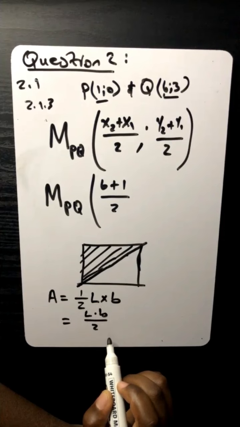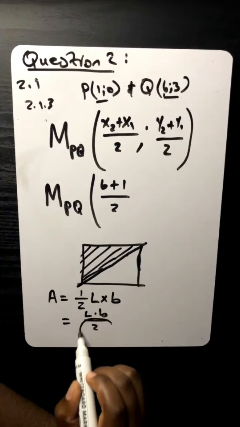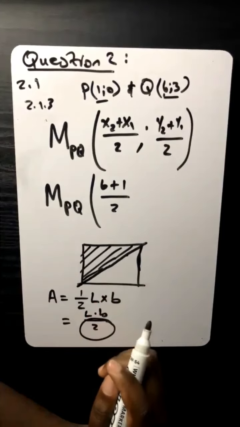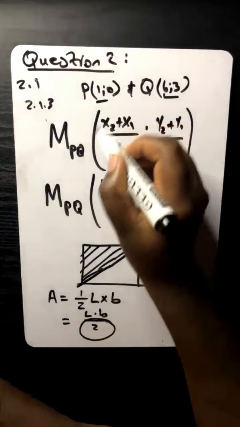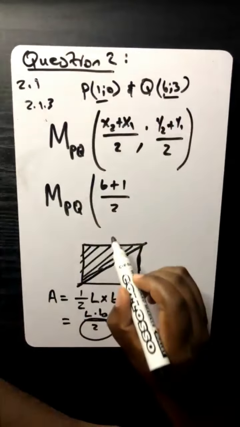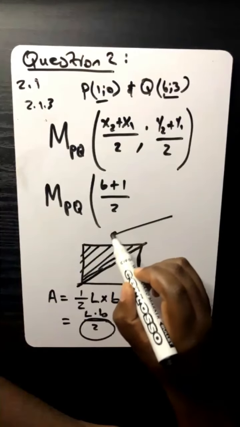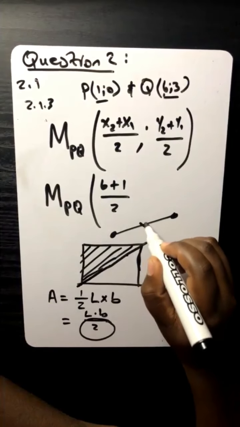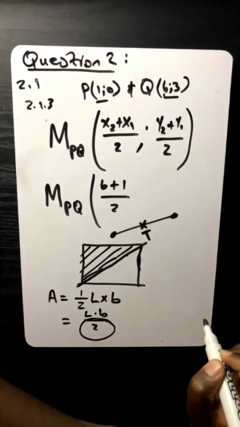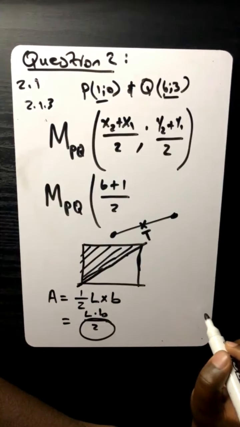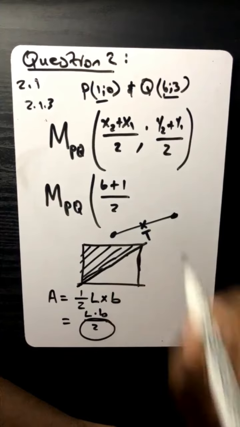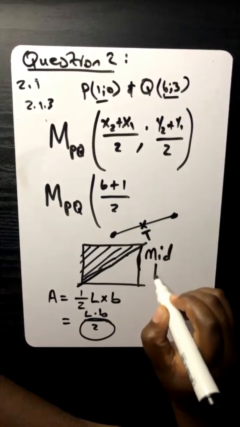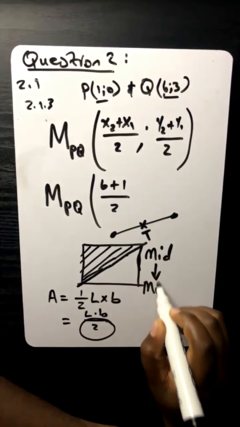So I just wanted to make you aware that everything that you divide by 2, it means you are actually cutting it into half. So why are we cutting this into half? It's because we've got that length where we've got P, where we've got Q over there. And they say that point T is a point which is in the middle of these 2 points. So remember, the word mid is a shortcut for middle.